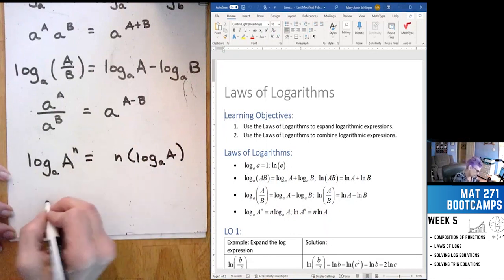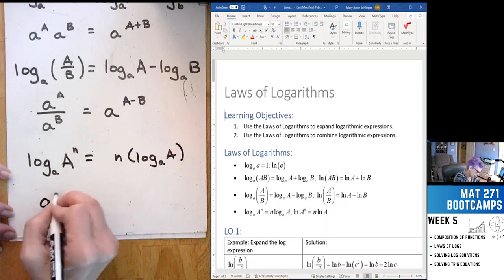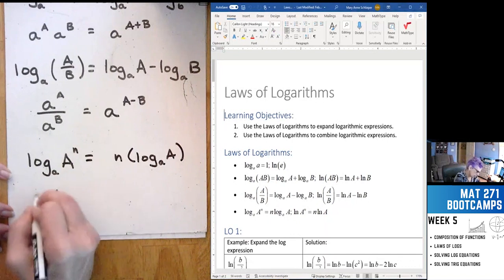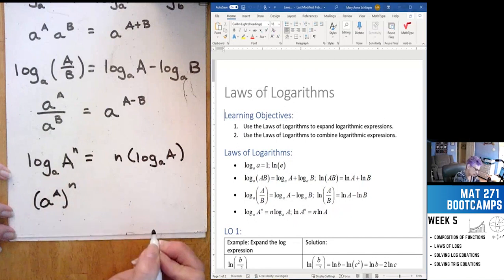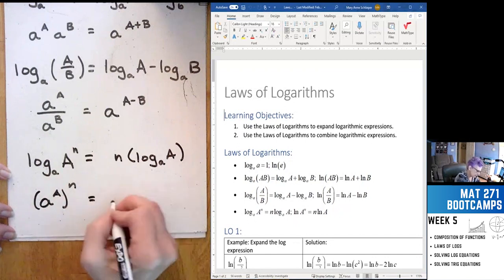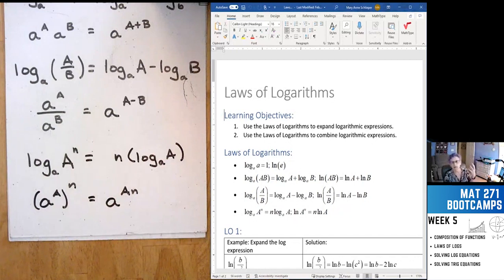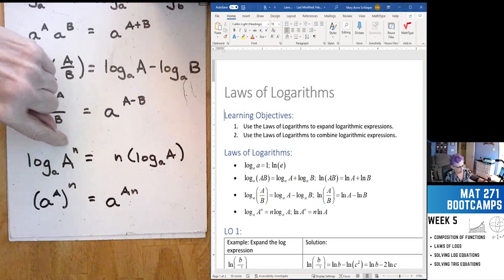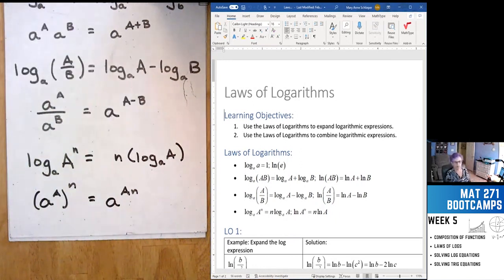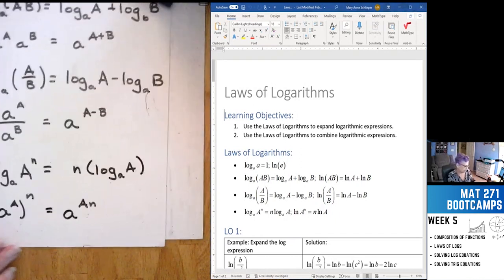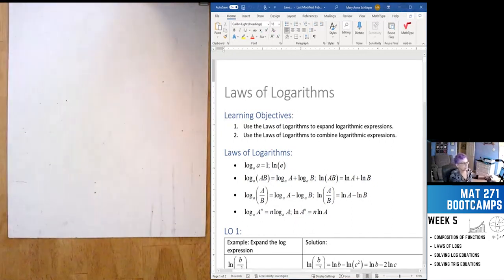And that's because if you have A to the n power, that's the same as A raised to the multiplied exponents. If you have a power raised to a power, you just multiply the exponents. So hopefully that'll help you remember those.